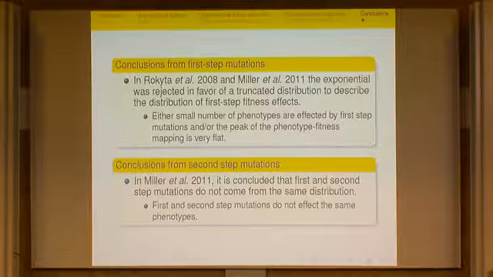If you want to look at second steps versus first steps, consistent with the same distribution means the same phenotypes. Consistent with two distributions means two different sets of phenotypes. And that's it. Any questions?